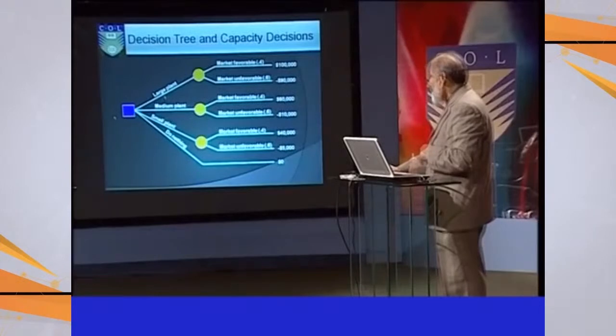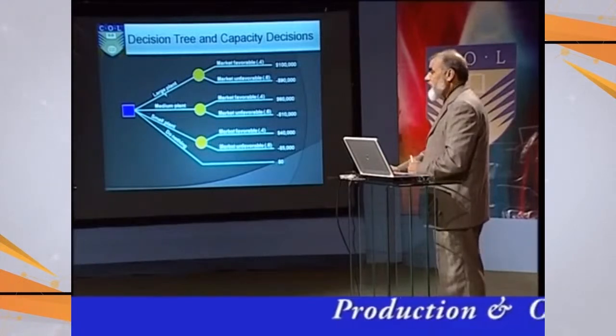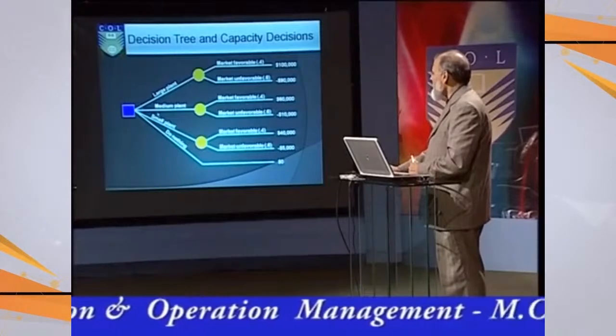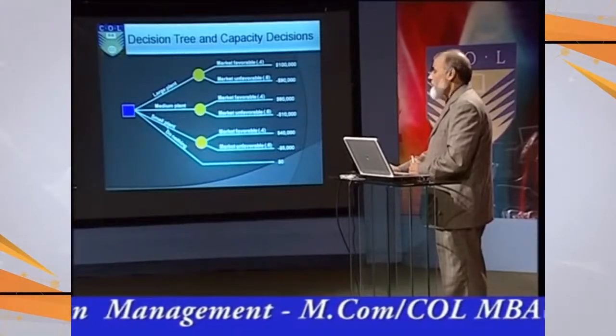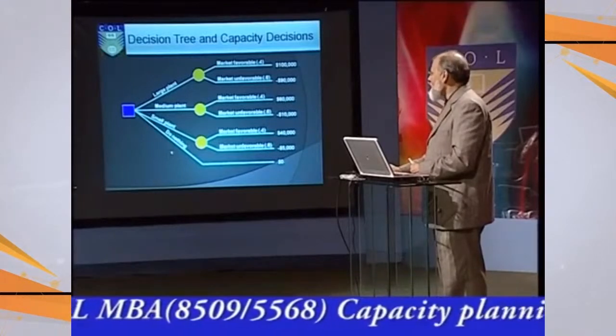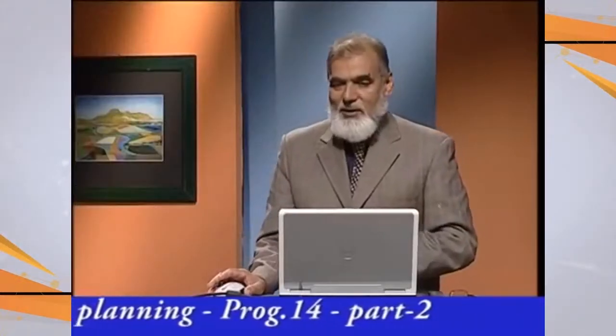Let's say you have an option for installing a larger plant, let's say 500,000 liters a day, a medium plant of 250,000 liters a day, or a small plant with let's say 100,000 liters a day, or you always have an alternate. This is very interesting: in the analysis, we use an option, do nothing.